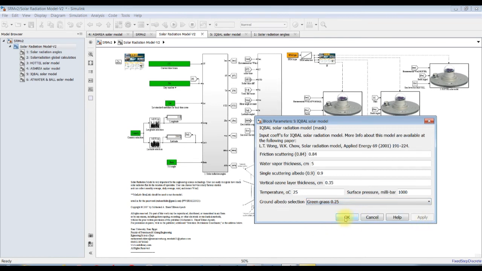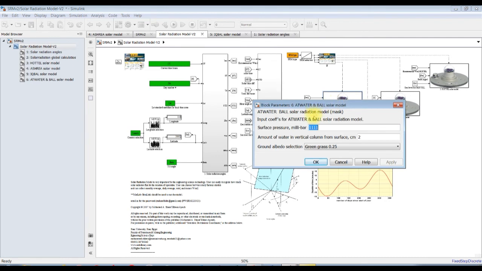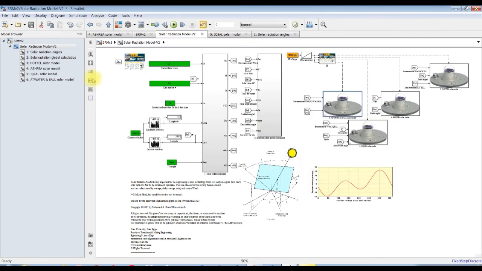This will affect the diffusion of the solar beam hitting the surfaces. This is for the Paul model. It has surface pressure, amount of water vertical column, and the same for ground and sky albedos.